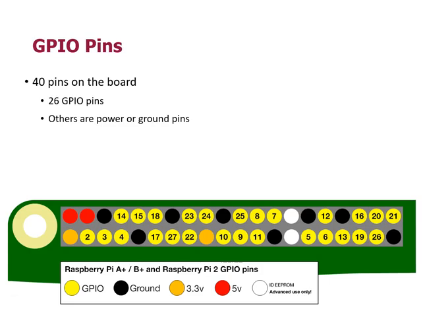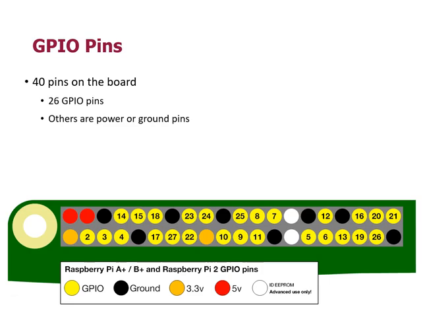The color-coded legend, as we can see here, helps you identify the function of each pin. Yellow represents GPIO pins, black represents the ground pins, orange represents 3.3 volt power pins, and red represents 5 volt power pins. It's worth noting that the ID EEPROM pins are for advanced use only, and typically not used in beginner projects.